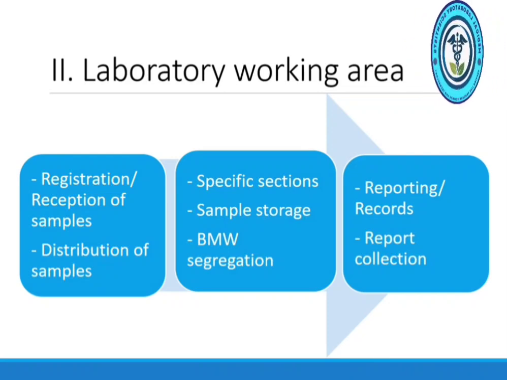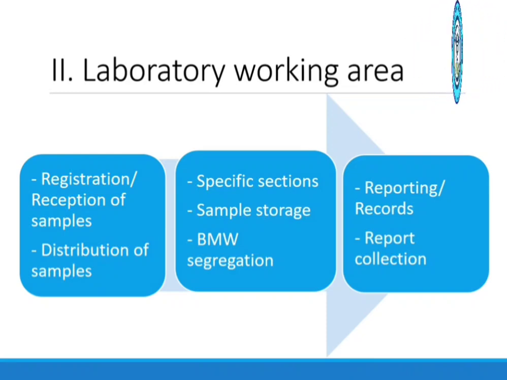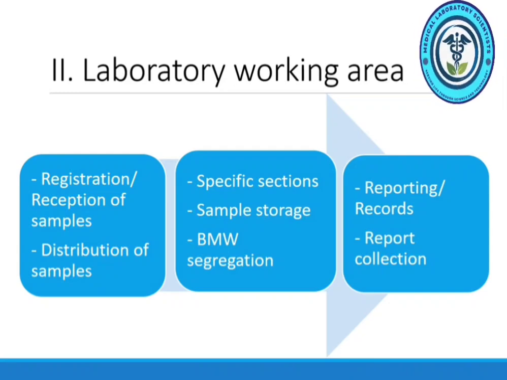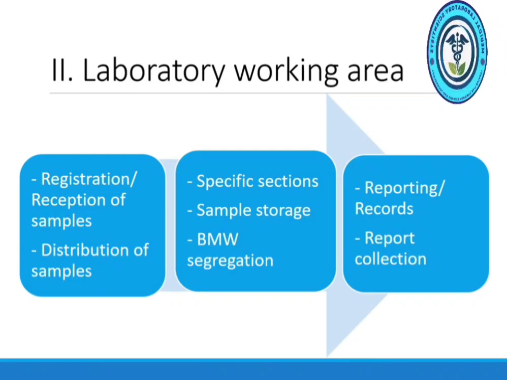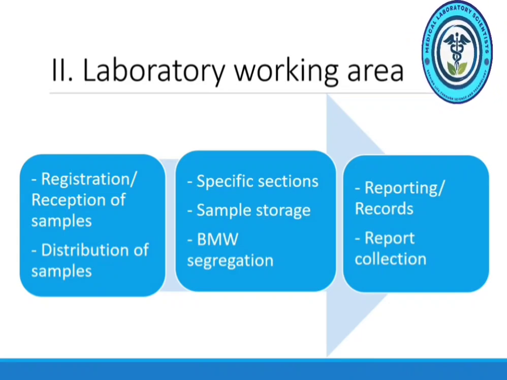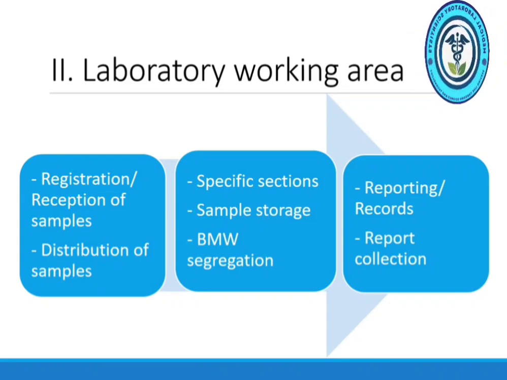This depends on the institutional practice, structure, and available facilities. The next areas are the specific sections where the different types of tests are performed. Then, a specimen storage area for the storage of specimens until they are discarded depending on the laboratory policy.